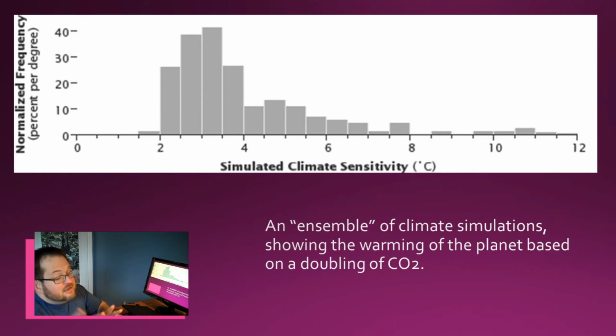All the models have slightly different ways of calculating the water vapor feedback and the vegetation feedback and all those other feedbacks that you learned about. And what happened then is we just made a histogram. Every model had a certain change in the global temperature based on the doubling of carbon dioxide, and we just made a histogram.